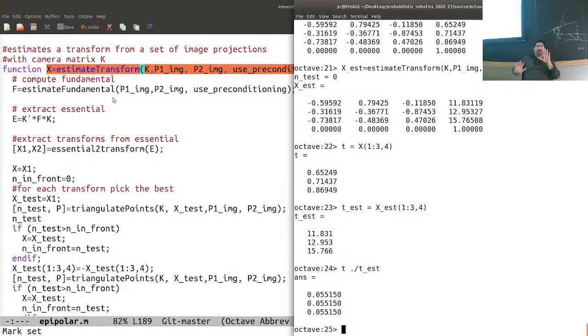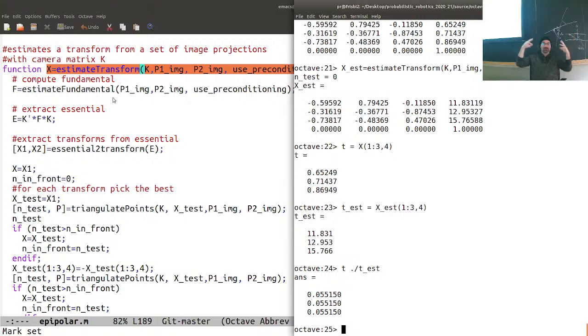What I did in this program, we're talking about the demonstration part, right? In this program, I generated a bunch of points in the world. Okay, I transformed these points as if they were seen by another camera, obviously. Then I projected the points on the two cameras.